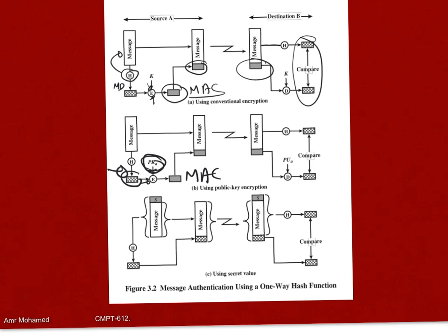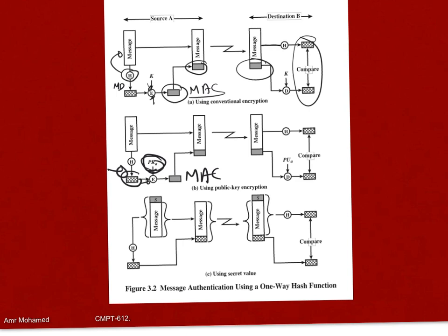We know that we have to do it for confidentiality, because it has to be reversible. So reversibility is a condition for confidentiality. It's not a condition here. So the question is, can we avoid the complexity of encryption yet achieve the same thing? And the answer is yes.